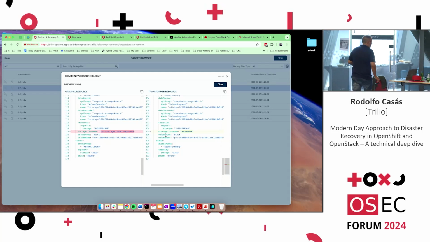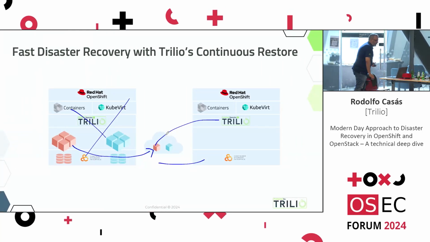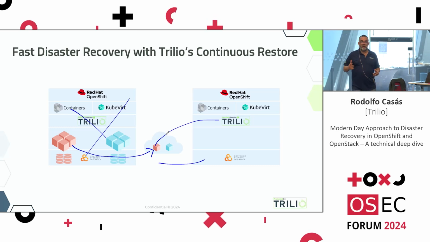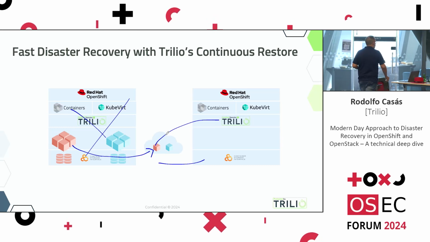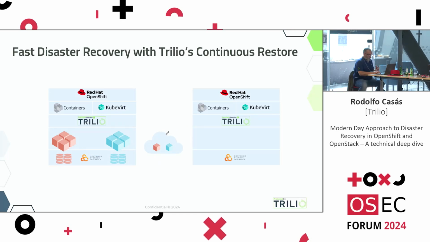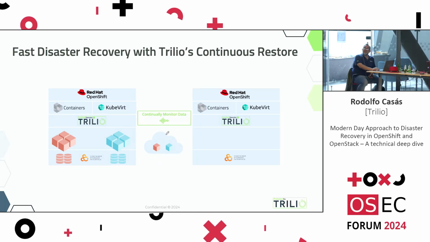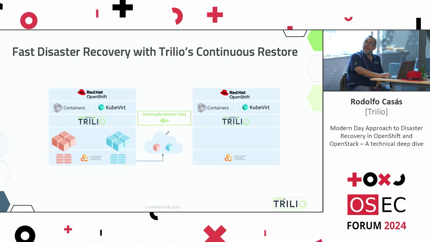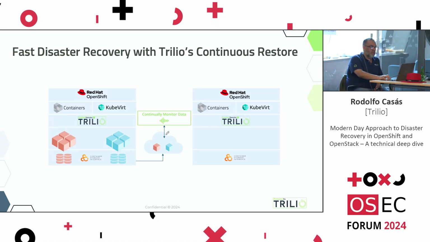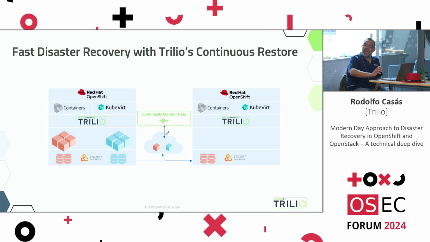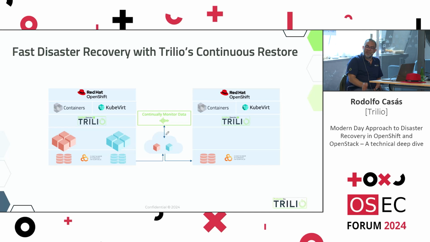Right, so what I was telling you is this can take a long time, but with Trilio, this is what we do. So imagine a lot of terabytes, okay? What we have is some services monitoring the backup target, and whenever a backup happens, we pre-stage the data from the backup as volume snapshots in the destination cluster.